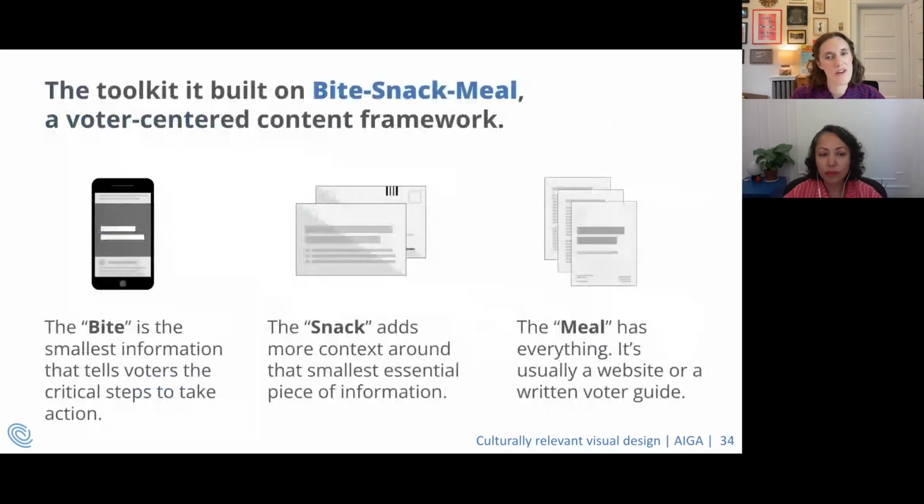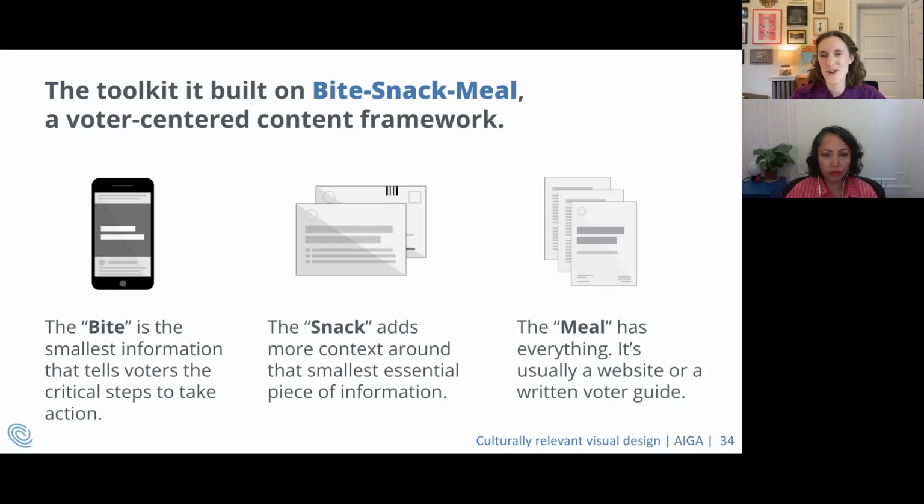We've built all of our voter education toolkits around a theory that we call Bite Snack Meal, which is essentially a voter-centered content framework to think about creating, organizing, and presenting information to voters in a way that is digestible. The goal of the framework is to provide people with the right amount of information at the right time when they need it, while creating a pathway for them to dive deeper into the information if they choose to.